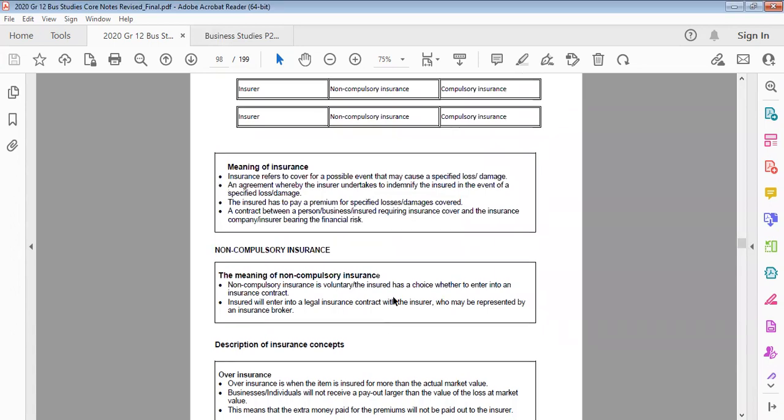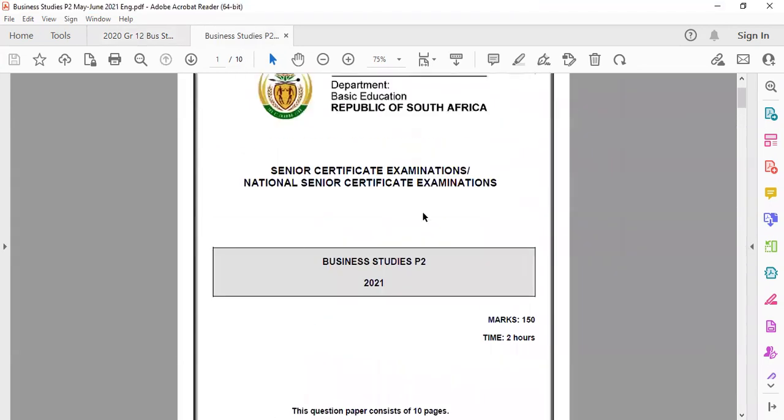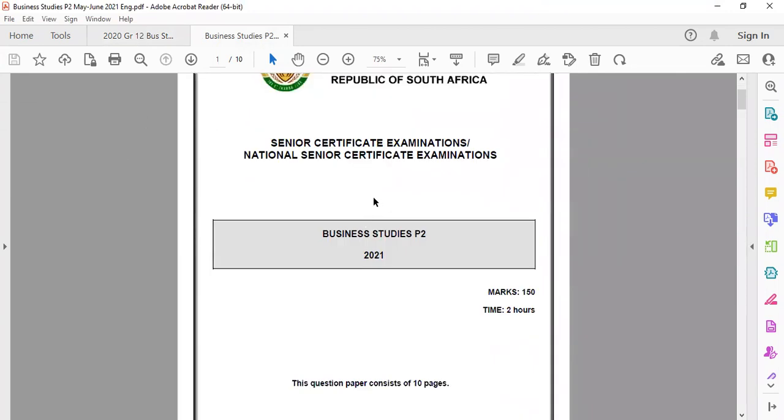Okay, all good. When you are going through your papers, I told you already, go to EC exams, ecexams.co.za. That is where you can find nice question papers. I found this question paper there. It's 2021.